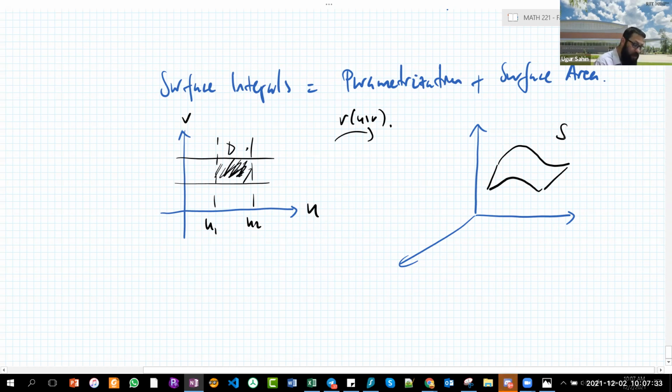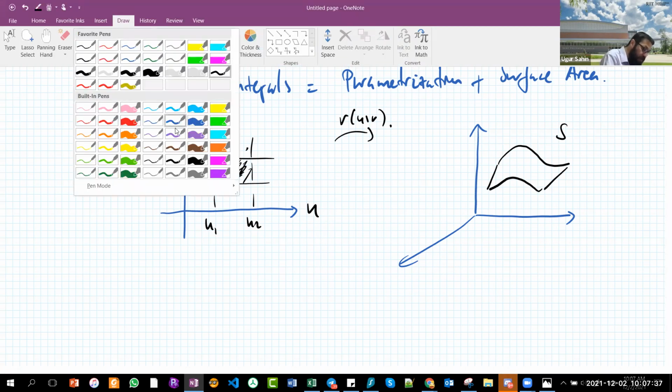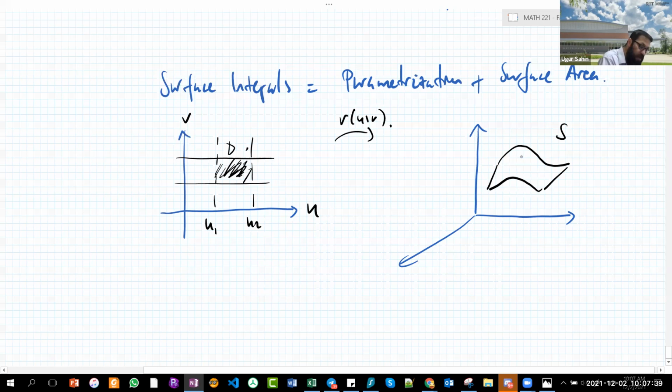But if I would like to talk about the surface integral, I'm basically asking such a question. There is a function here over the surface. This function could be a scalar or a vector field function. Physically, it could represent the heat flow, the electricity flow, or any fluid flow through the surface.